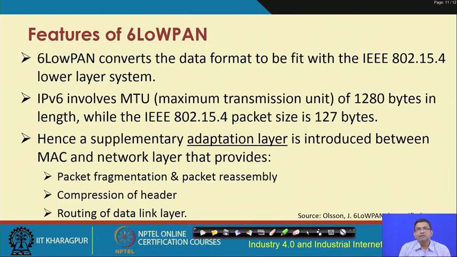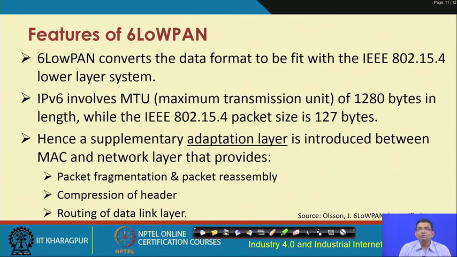So, now you see that there is a big mismatch: 1280 is required by IPv6 and 802.15.4 allows only 127 bytes. This can be handled with the help of a layer known as the adaptation layer, which is introduced in between the MAC and the network layer, and that can help in packet fragmentation.